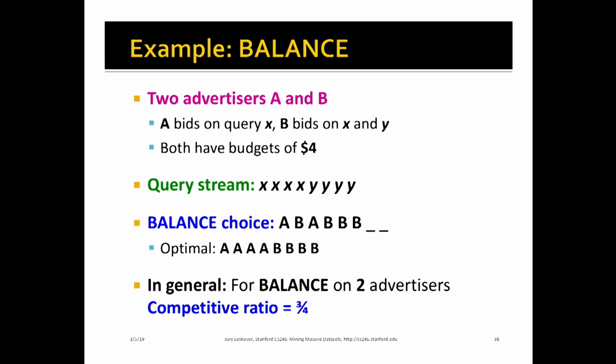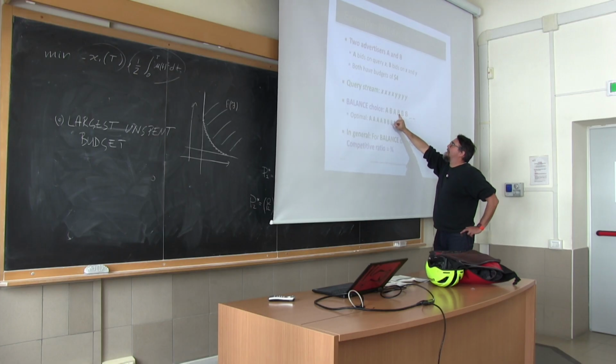We have to break the tie, we take A. Second, x appears. Now the budget of A is not 4 anymore, but 3, while the budget of B is 4, and so B.